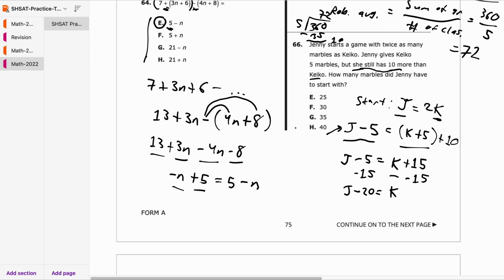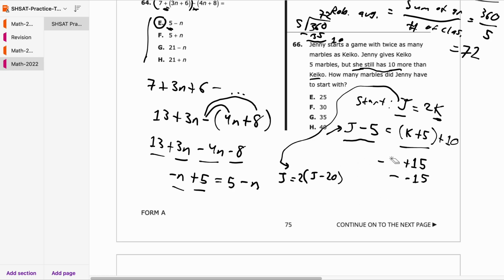Okay. And now I'm going to take this equation. And so we have J is equal to 2K, but instead of K, I'm going to use J minus 20. Let me clear up some space. Okay. So now J is equal to, now I'm going to distribute this, 2J minus 40.